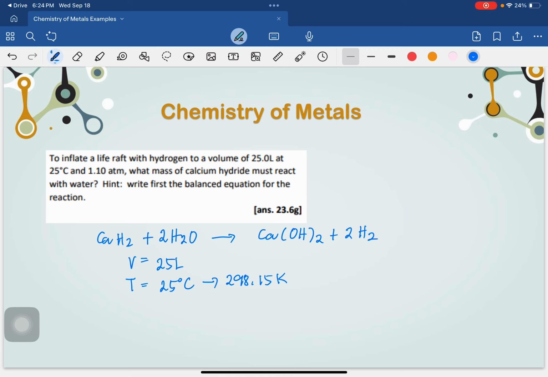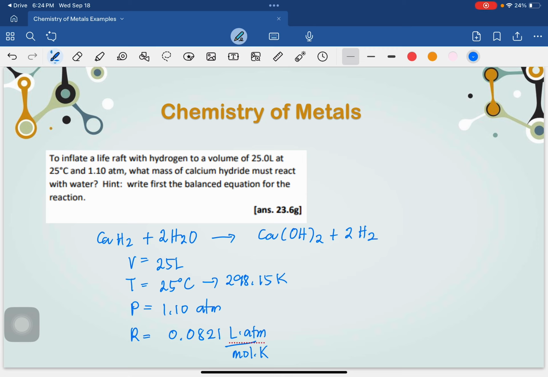Remember, we're working with standard units. And we also have pressure. Our pressure is 1.1 atm, and R is a constant, 0.0821 liters atm per mole Kelvin.